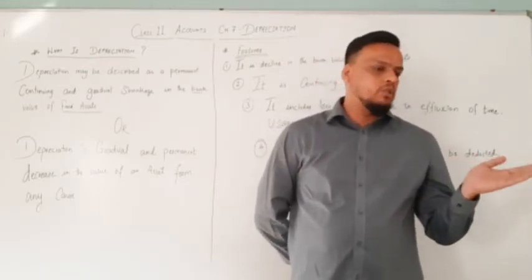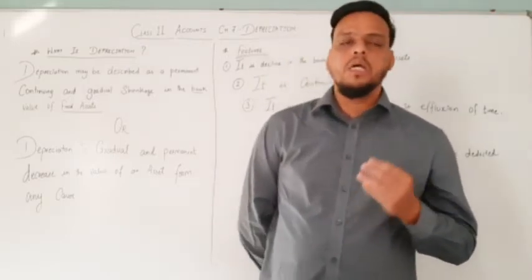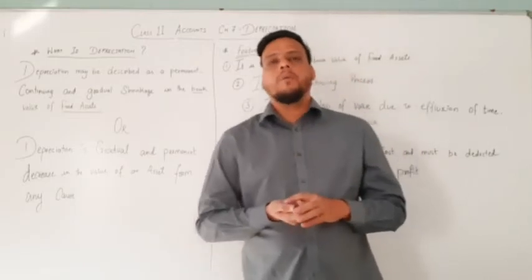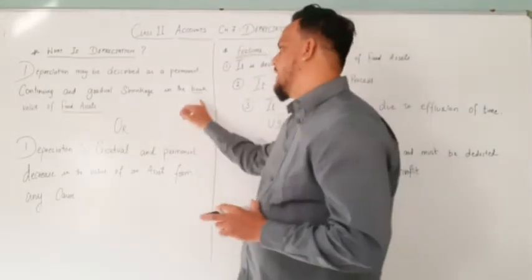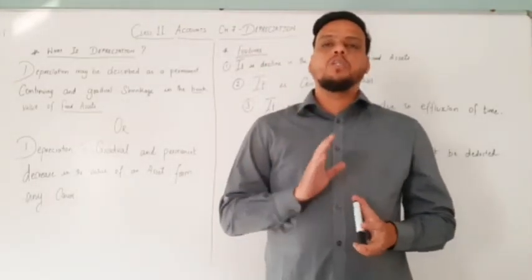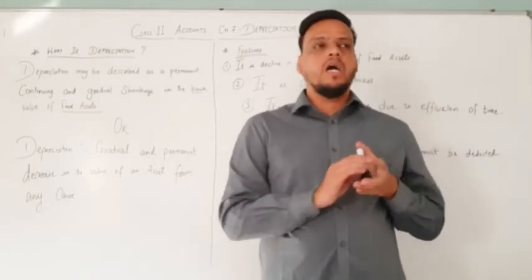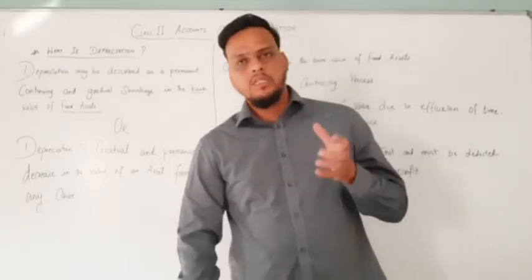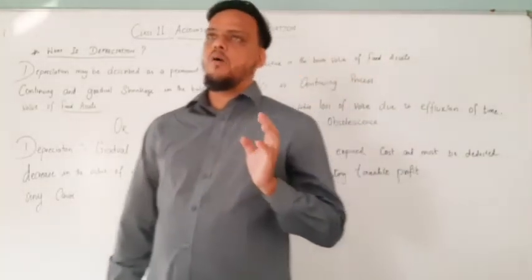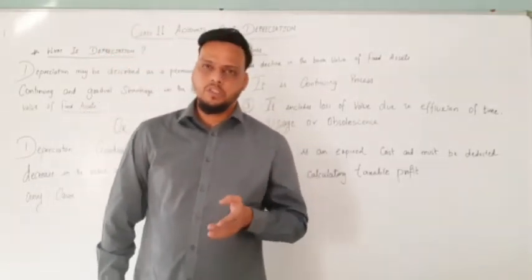You make that machinery come to your organization, it has installation charges, all these things are added to a particular machine, and that is considered book value. Book value means the rate at which you have purchased the machine, including all the aspects added to it. Book value is ultimately the cost which has been used for purchasing that machine.